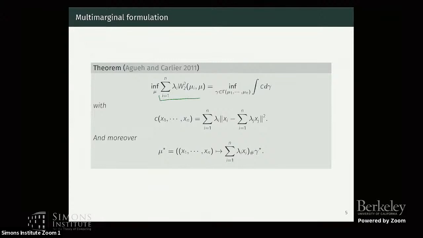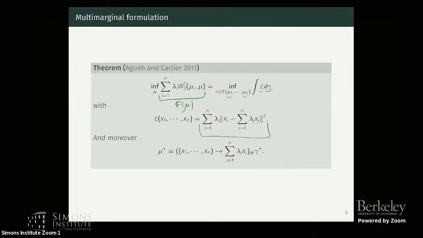If I recall, the variance of my problem, the one that I'm trying to minimize over all the mu, can be rewritten as the integral of some cost function C, defined right here, which is the variance of my underlying points, integrated with respect to gamma. And gamma here is a coupling with n fixed marginals, which are my n measures from which I'm looking for the barycenter.